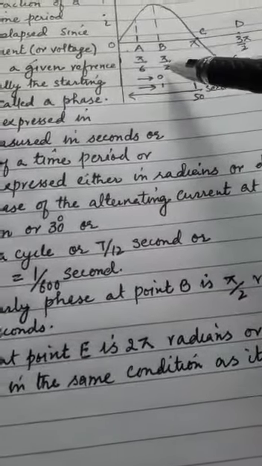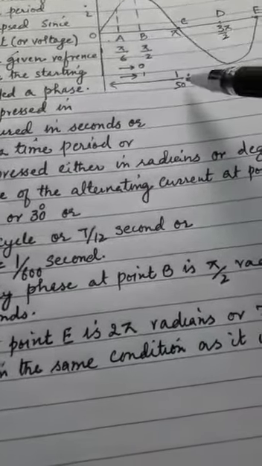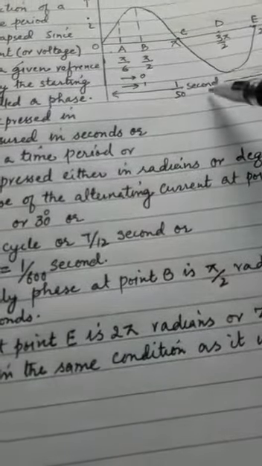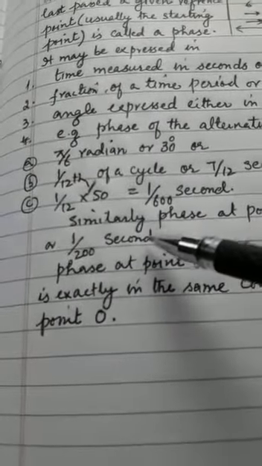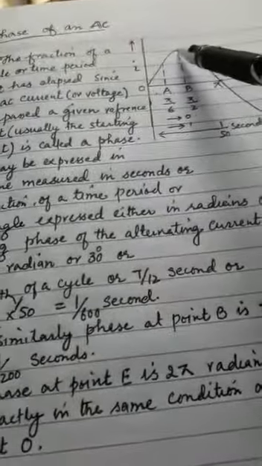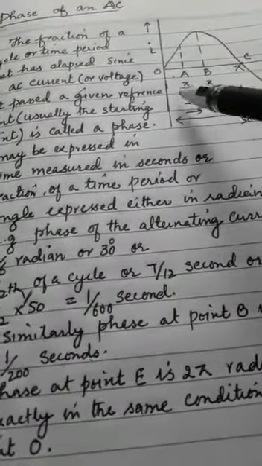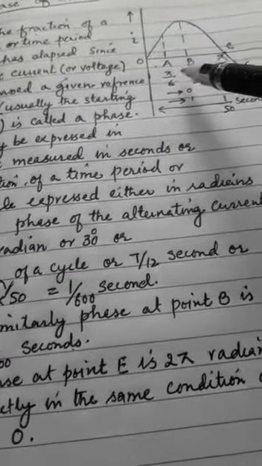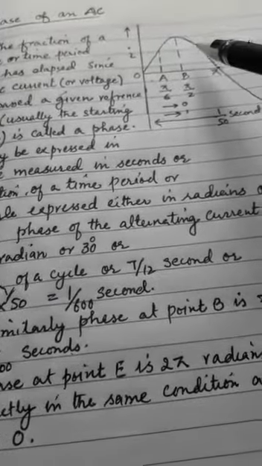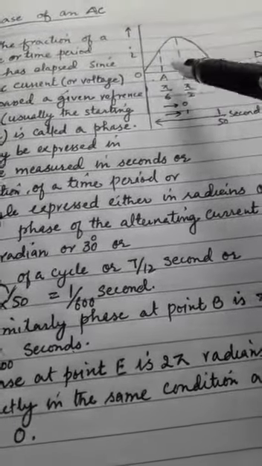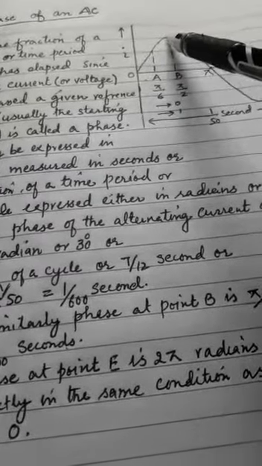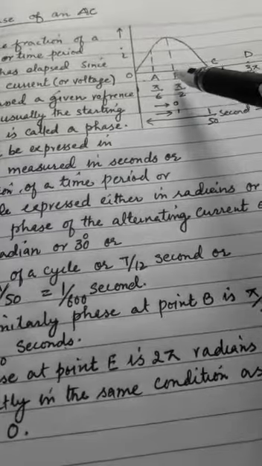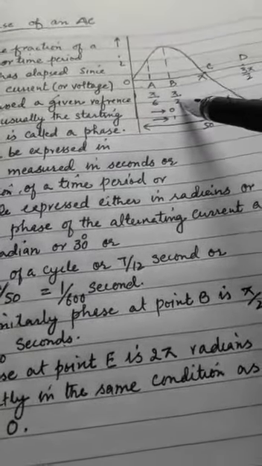When you multiply 1 by 4th by 1 by 50th second, that will be equal to 1 by 200 seconds. So this phase up to here takes 1 by 200 seconds, and the angle it subtends will be equal to 90 degrees.